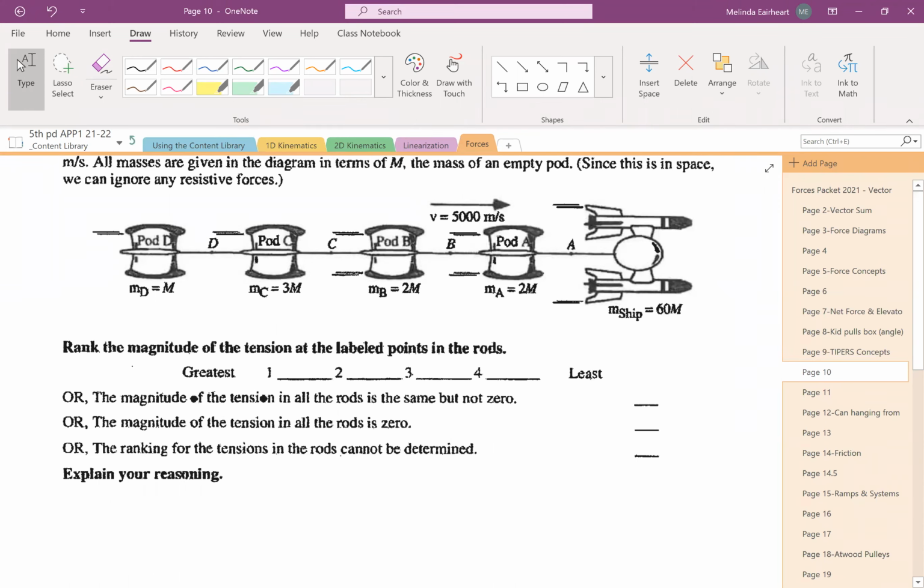Step 1, draw a diagram. And so the ship is going to be pulling on the rod at A, right? And so you've got this pull, or I could call it FA by the ship. And then in the rod, so these are rods, it's also getting a pull back, right?